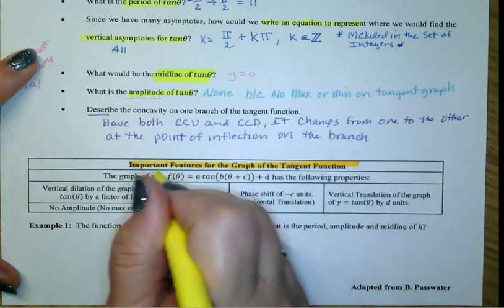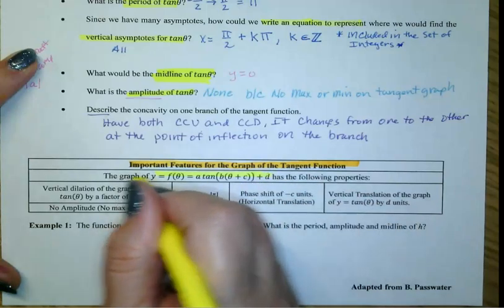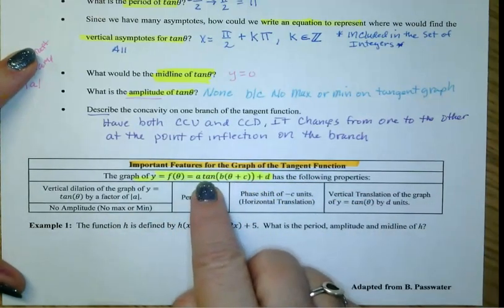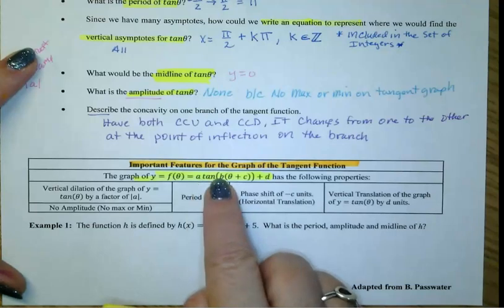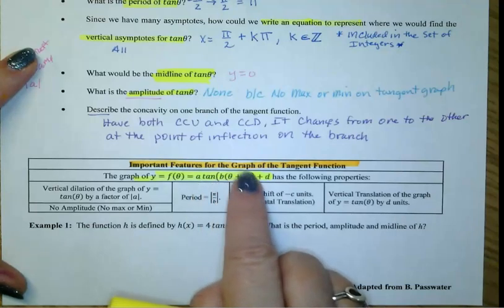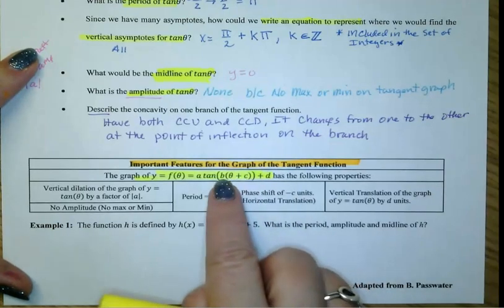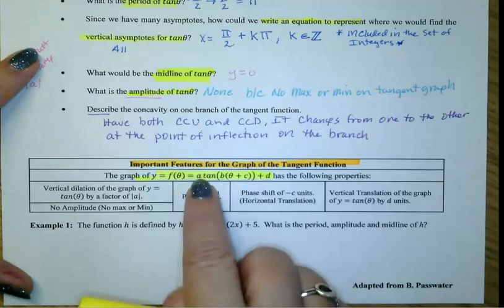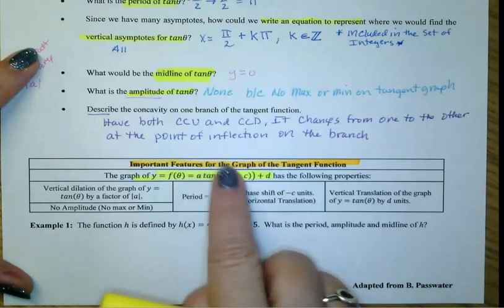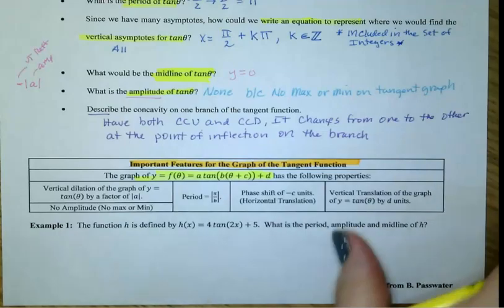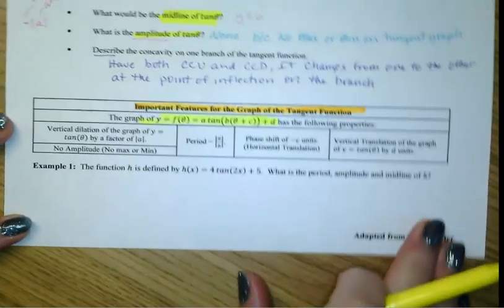Y equals or f of x equals a tan of, this time instead of sine or cosine, b isolated and theta with a c shift left or right. Could have a horizontal dilation, could have a vertical dilation, could reflect over the x-axis, could reflect over the y-axis, or could have a vertical shift of d. So these are all things you know well. We've been talking about most of this all year.